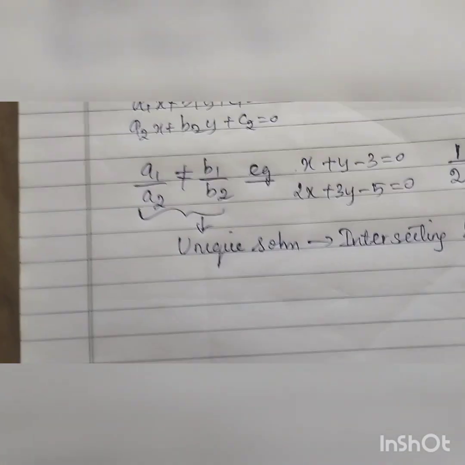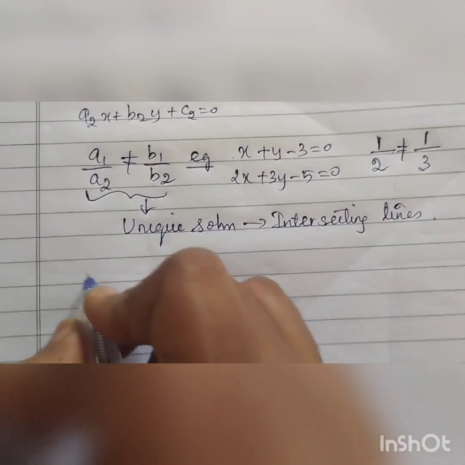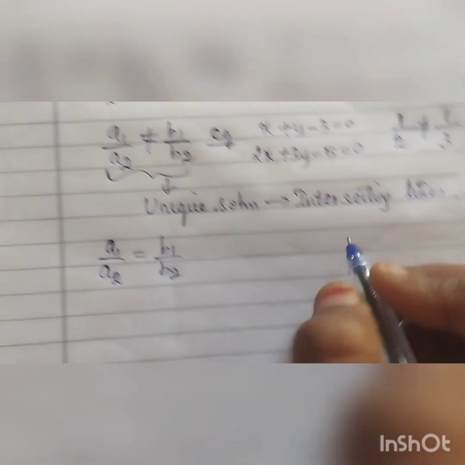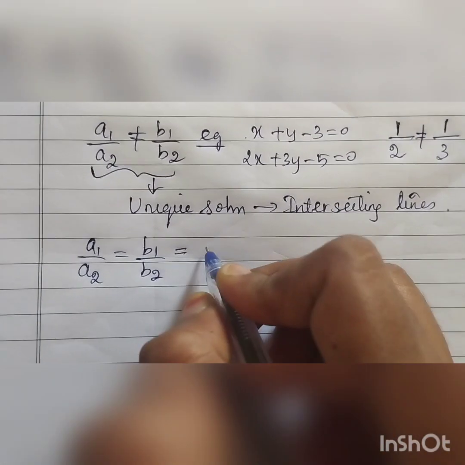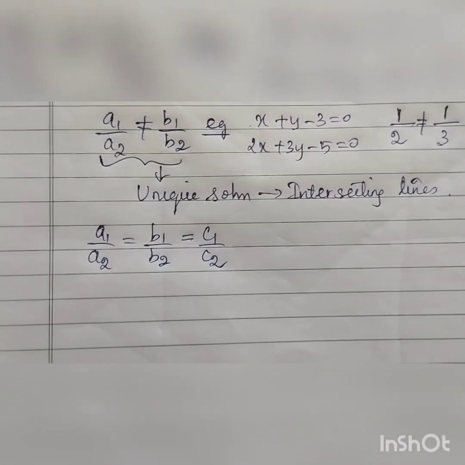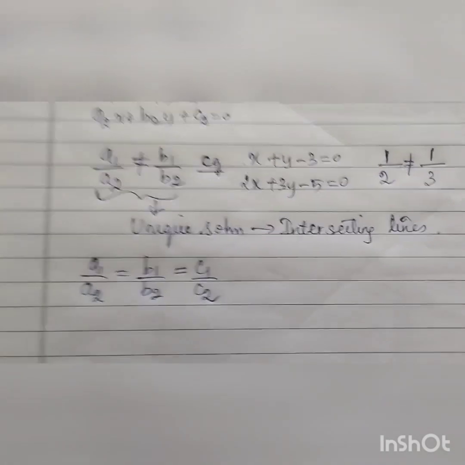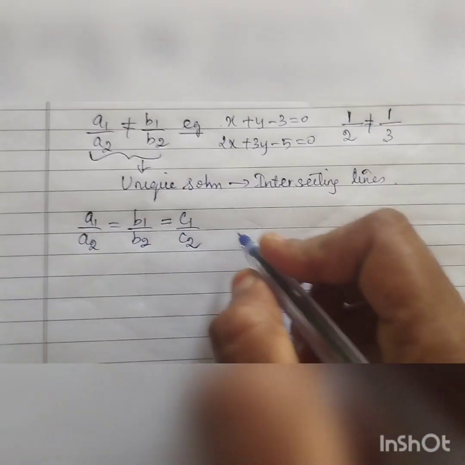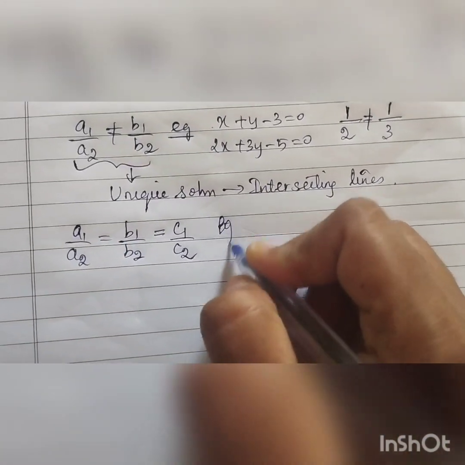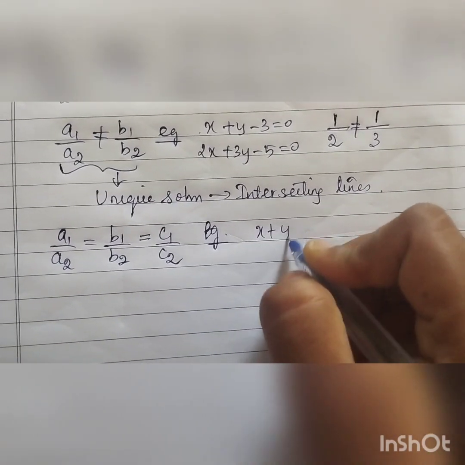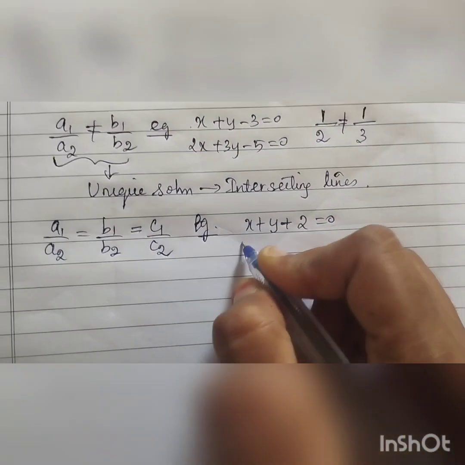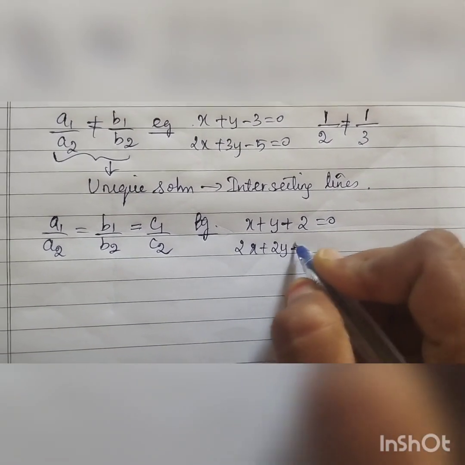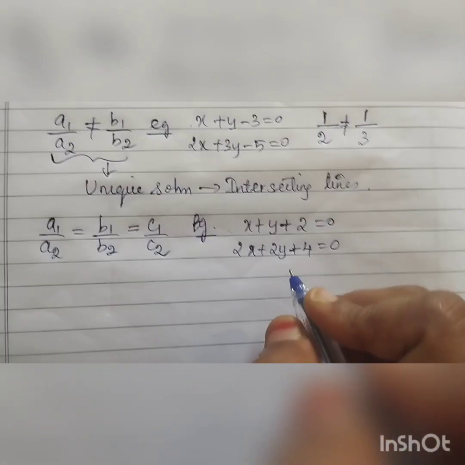Now the second condition is: if a1 by a2 is equal to b1 by b2 is equal to c1 by c2. If all three ratios are equal, for example, x plus y plus 2 is equal to 0 and 2x plus 2y plus 4 is equal to 0.